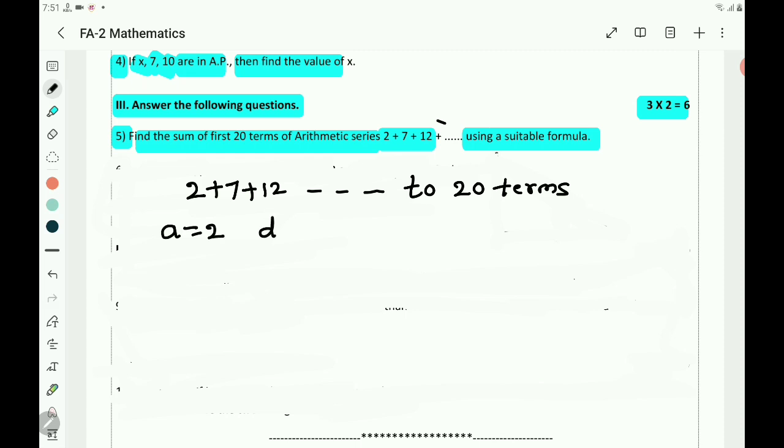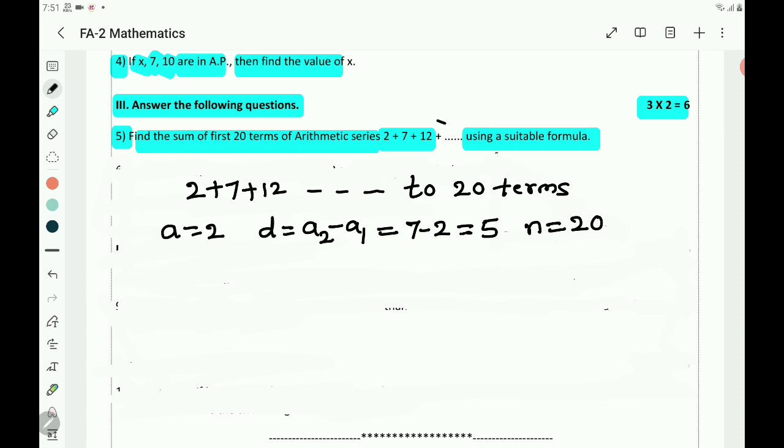Then d. d equals a2 minus a1, which equals 7 minus 2, equals 5. Then n equals how many terms we have to consider for the sum? We have to take 20 terms. The question is to find the sum of first 20 terms. Therefore, n equals 20.